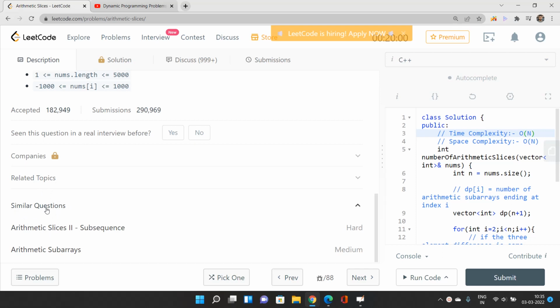If you are done with this problem, I strongly recommend moving to the similar questions section and trying the hard problem Arithmetic Slices II, Subsequence. Here we are dealing with subarrays, and the next concept is dealing with subsequences and counting them.